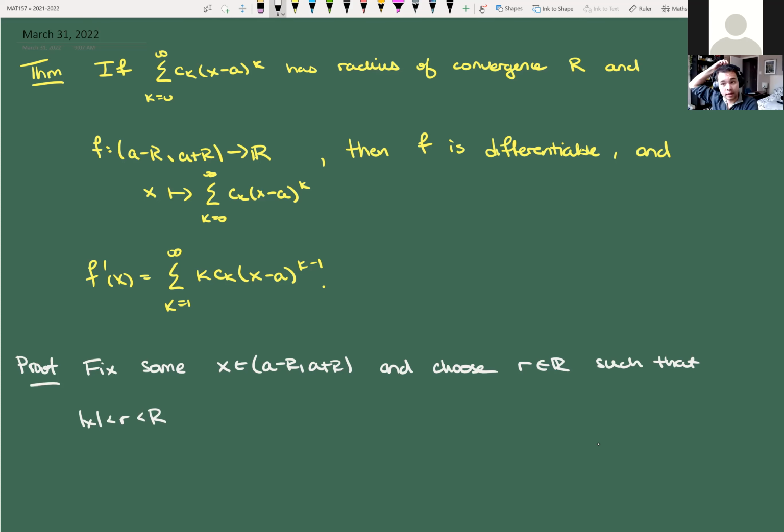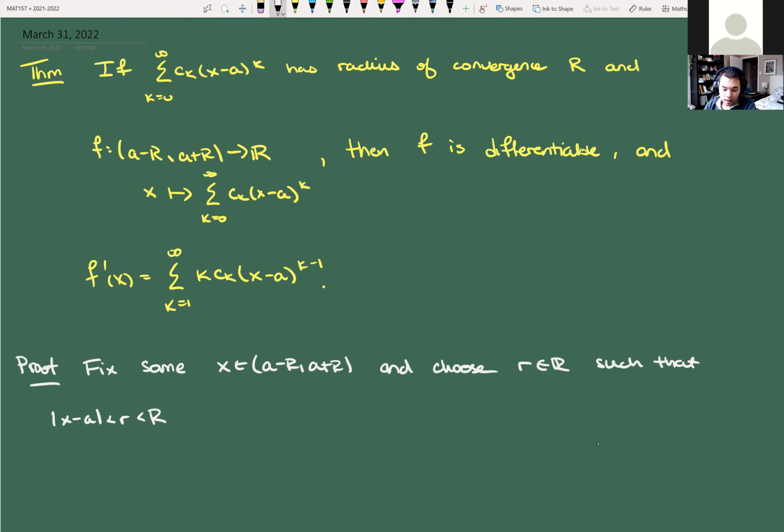And again, we're just doing this so that we can actually get uniform convergence, because we don't know that we get uniform convergence on all of the interval. We might have to restrict to a subinterval. This should be x minus a. I've already started, too late. So I guess we're actually going to do this one with x minus a.